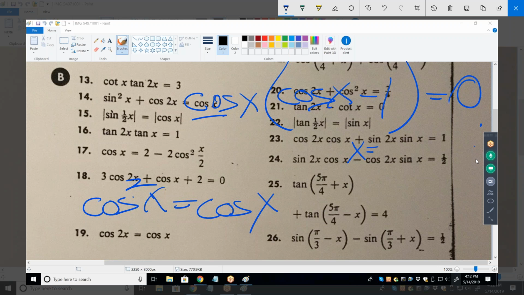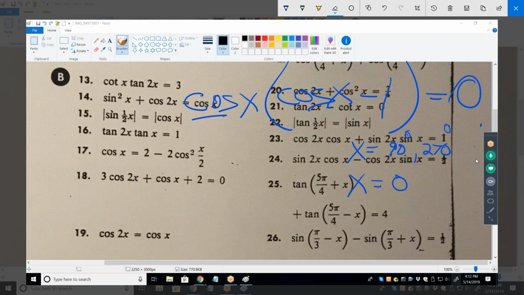And so now your answers are what? So that's going to be cosine of x is equal to 0. So that is 90 degrees, and 270 degrees, and then 0. So how do I write this in a way that covers the entire range or domain?